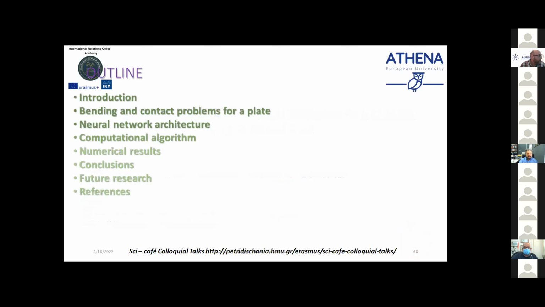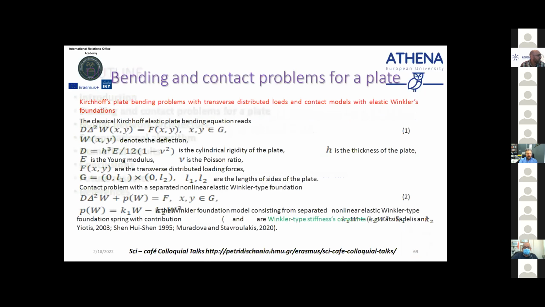Okay, this is a bending problem. For every x and y coordinate, we have a differential equation, the Kirchhoff elastic plate bending problem.